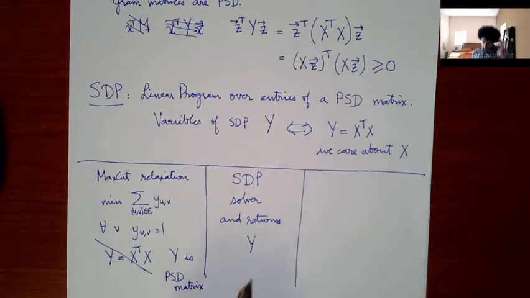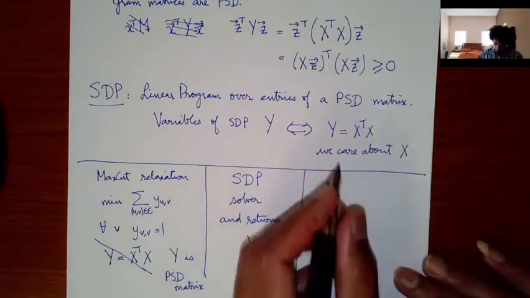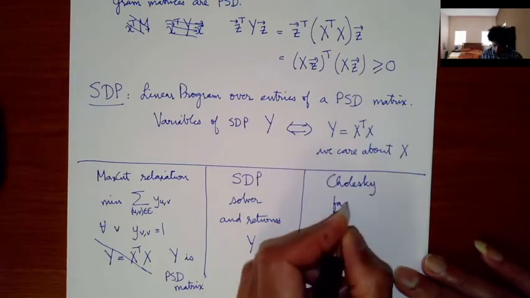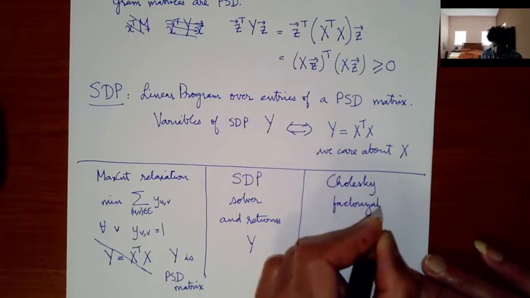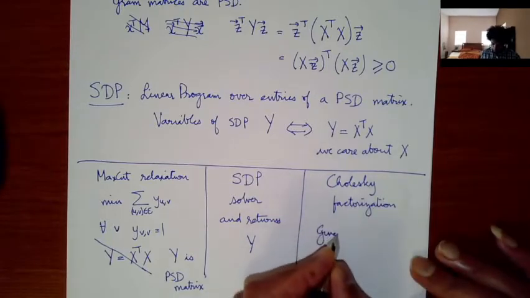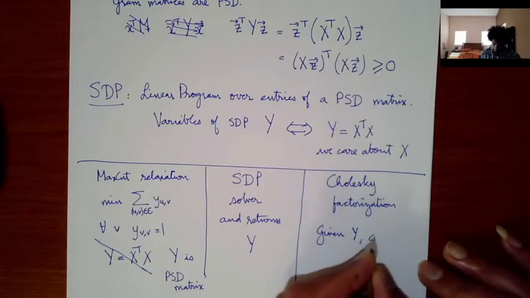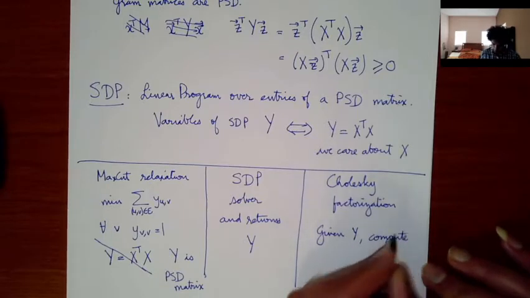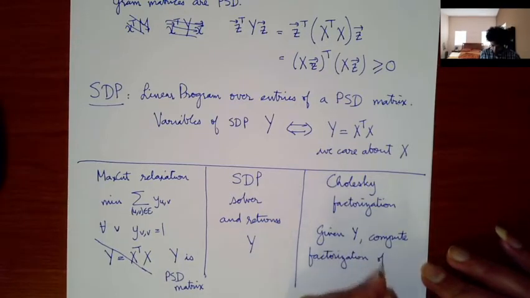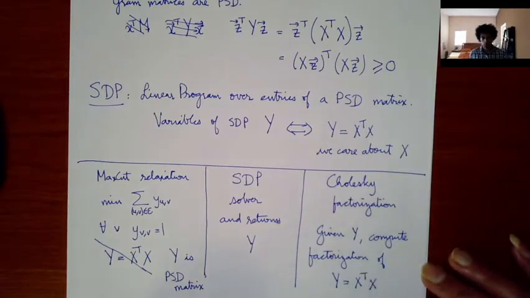So it returns y. Now from y to get x, there is something called a Cholesky factorization, which given y computes a factorization of y being equal to x transpose x.